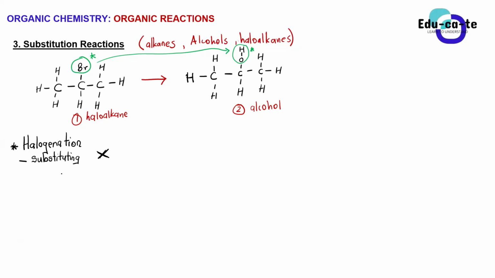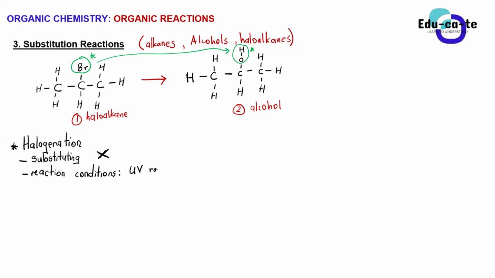And the reaction conditions that we'll need there would have to be UV light. So the reaction conditions that we need for this reaction to take place, we'll need UV. UV is ultraviolet, okay? Ultraviolet rays.